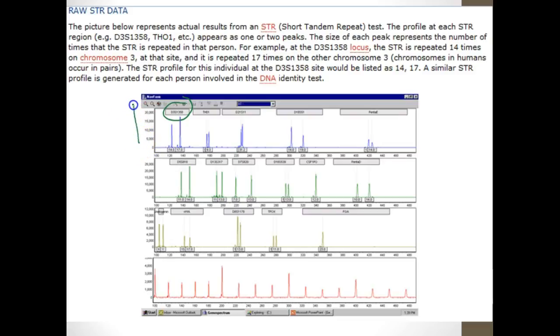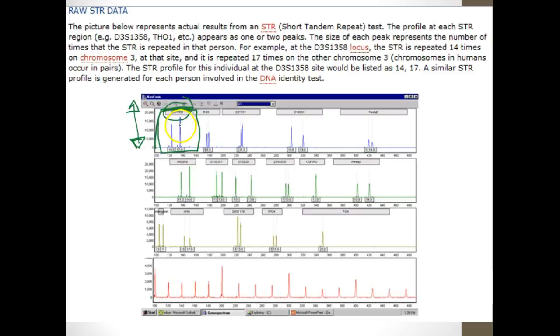But what I do know is when you put that through your DNA machine, you're going to get a variability right here on this axis of the graph. You'll notice here it looks like it ranges from 0 to 20,000. The higher the peak, the more times that gene stutters. Okay, so obviously this individual right here, we're looking at one gene.